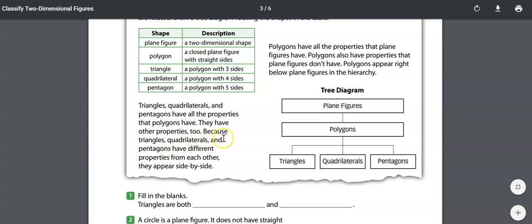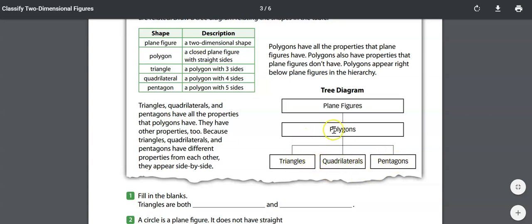Because triangles, quadrilaterals, and pentagons have different properties from each other, they appear side by side. So that means I know that a triangle, a quadrilateral, and a pentagon are polygons, and they're also plane figures. But they have their own separate properties, which is why they're side by side.